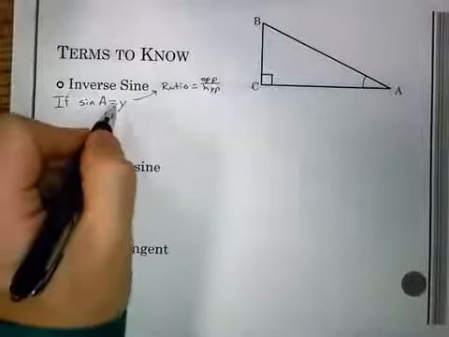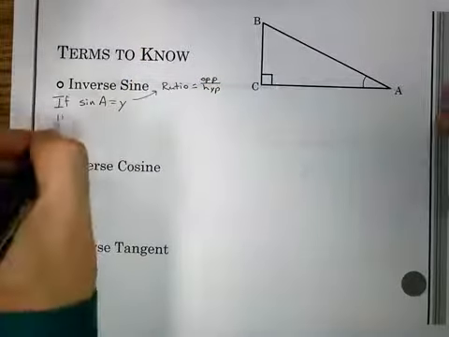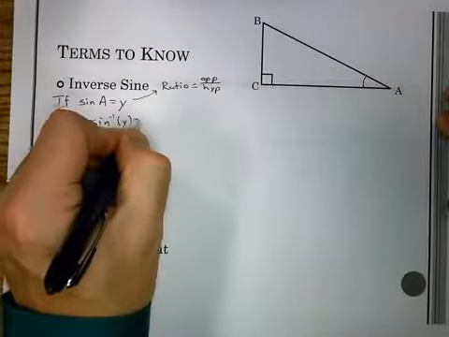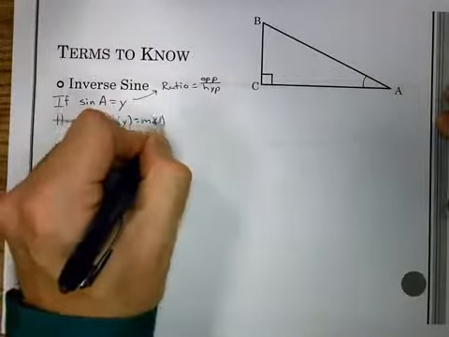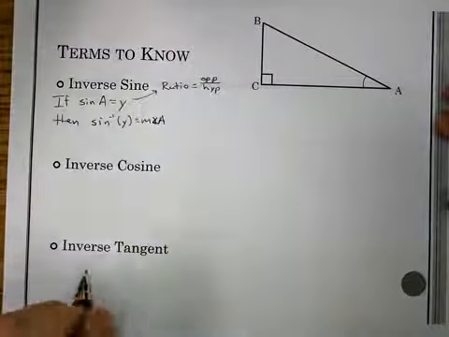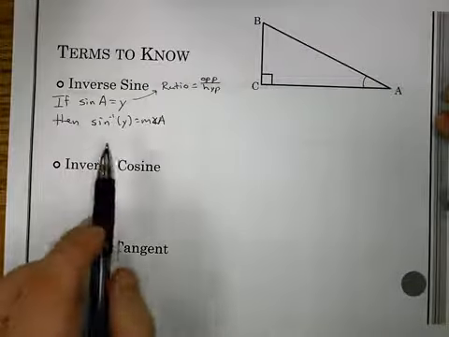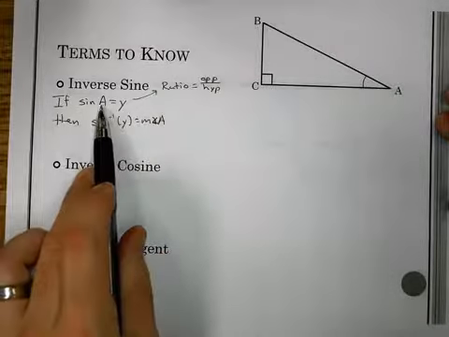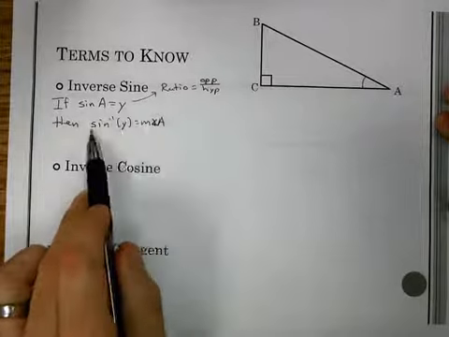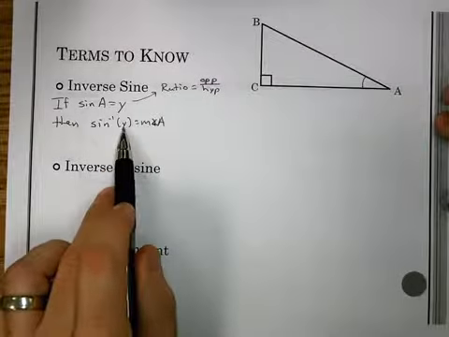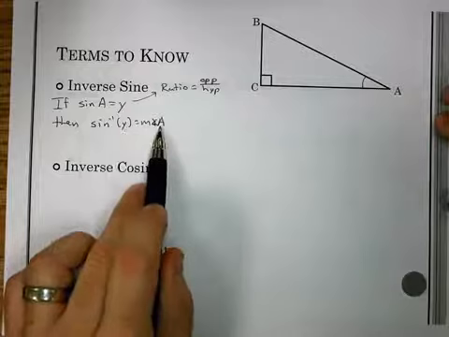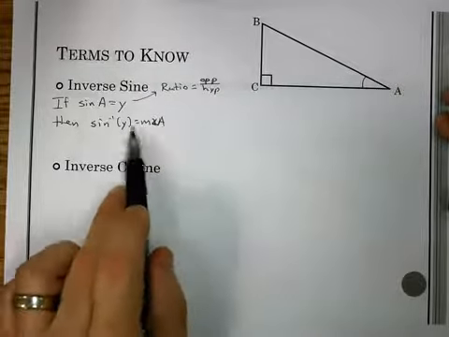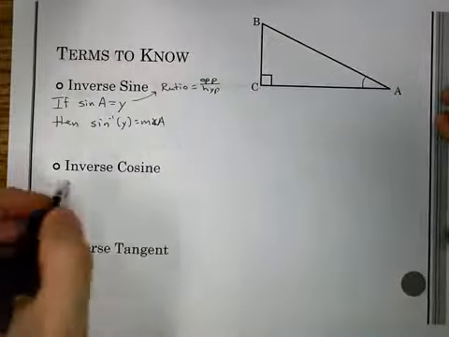But if sine of A equals y, then we have that sine inverse of y equals the measure of angle A. So what it looks like at first glance is I've switched this y and this A. I've gone from sine of some angle equals a value to the inverse of that, sine inverse of that value equals the measure of angle A. And it's a sign of things to come, that we're going to be able to now take this ratio and find the actual value of the angle.